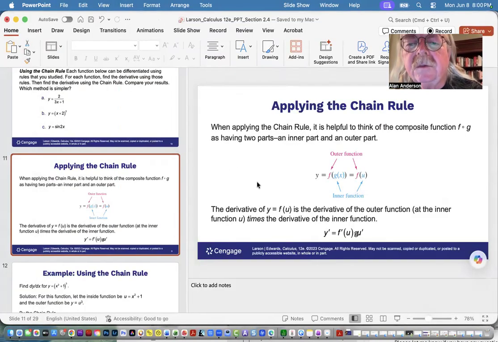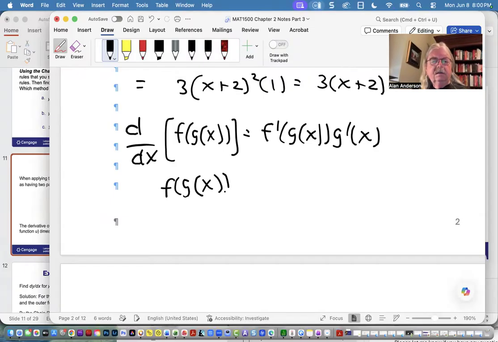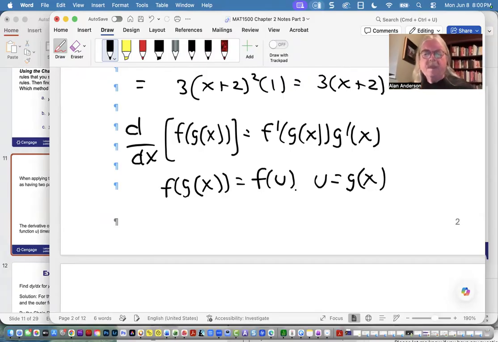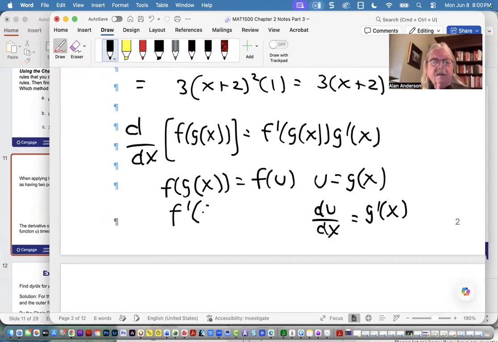We're going to assume that f of g of x can be written as f of u, where u is a function of x. Then du dx is the same thing as g prime of x. And f prime of g of x is f prime of u.